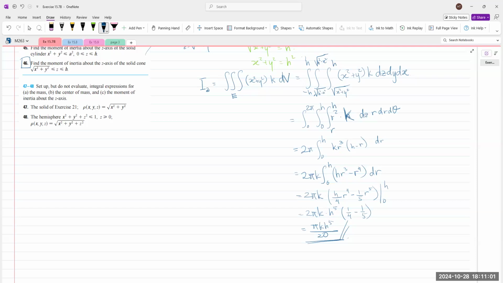Yeah, moment of inertia is the distance squared. Okay, moment with respect to an axis, the first moment, that's just the distance, but moment of inertia is distance squared.